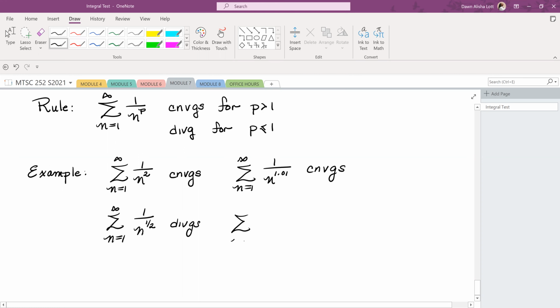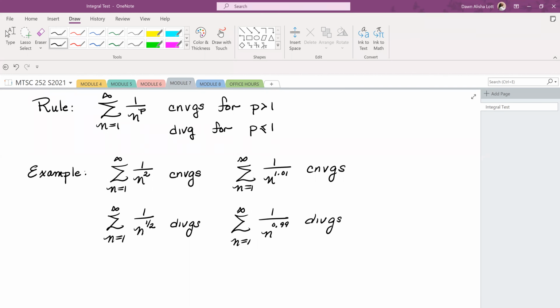Summation n equal 1 to infinity, 1 over n to the 0.99 diverges. It's that simple. That is the p-series test. So if p is greater than 1, it converges. If p is less than 1, it diverges. There's nothing else to that.